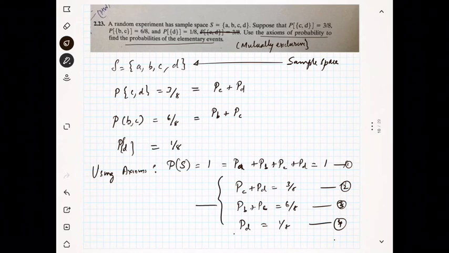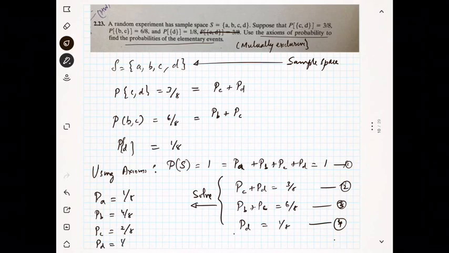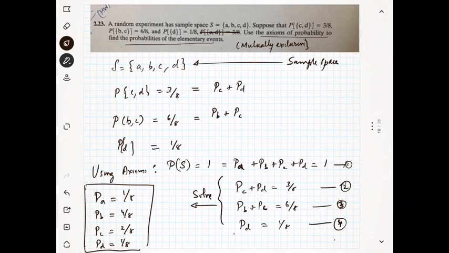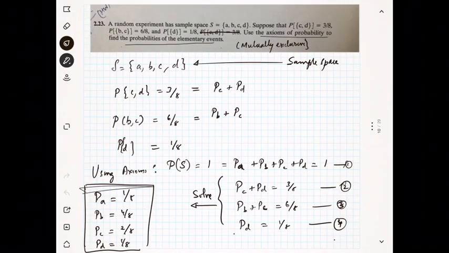So you solve this and you will get probability of A is 1 over 8, probability of B is 4 over 8, probability of C you will get 2 over 8, probability of D you will get 1 over 8. So this is how to solve this problem. You can solve these equations and get all the probabilities. Okay, I will not write it here.